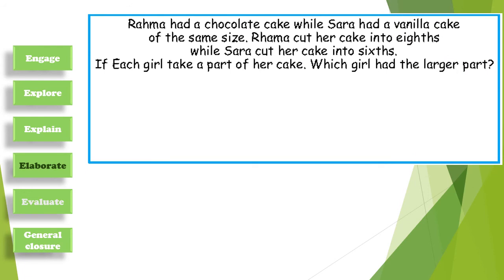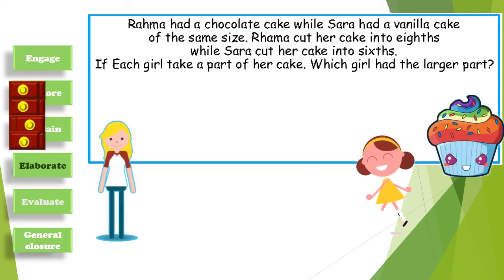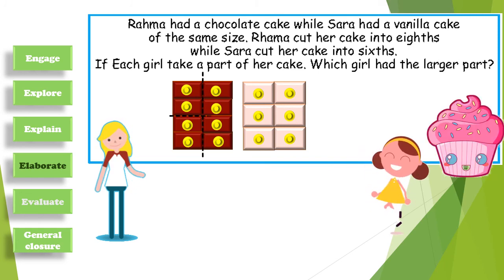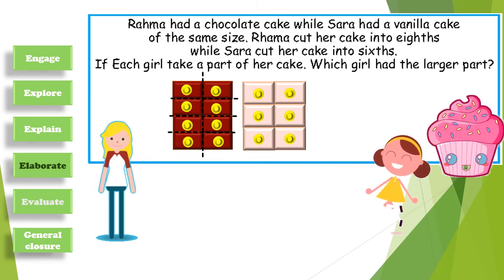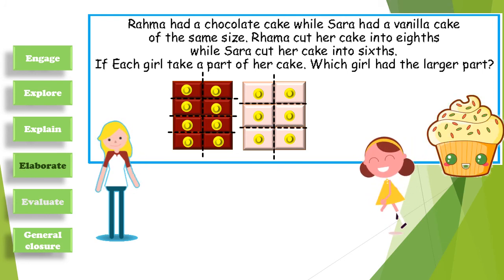Rahma had a chocolate cake, while Sarah had a vanilla cake of the same size. Rahma cut her cake into 8 pieces, while Sarah cut her cake into 6 pieces.